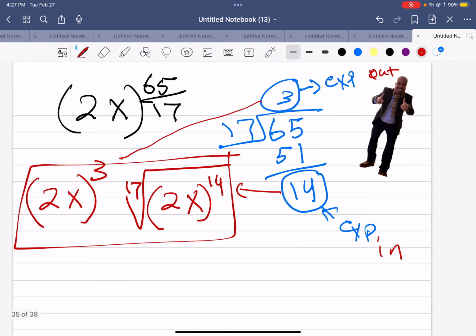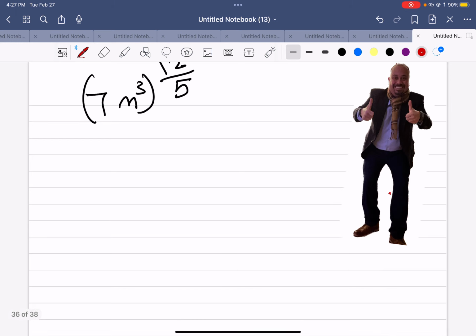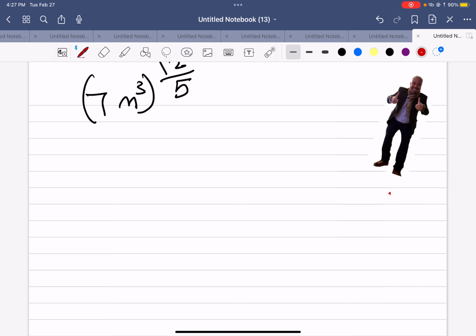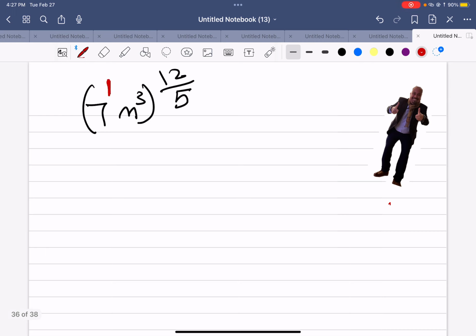Let's spice it up a little bit. What I have here is different exponents. I have 7 to the first power. This 3 is over 1 and this is over 1. So the first thing I'll do is multiply this by each power, by both.